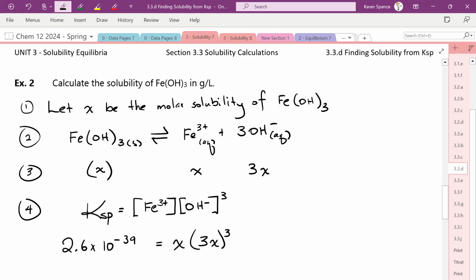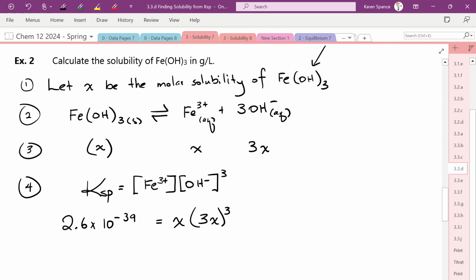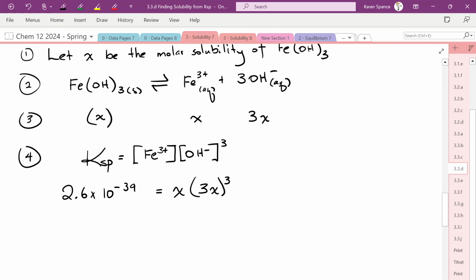Oh, by the way, I didn't point out that you can tell that this is a dump and stir problem, because we have only one substance. And that's why we have a 3-to-1 ratio between the two ions. Sorry about that. I totally forgot.